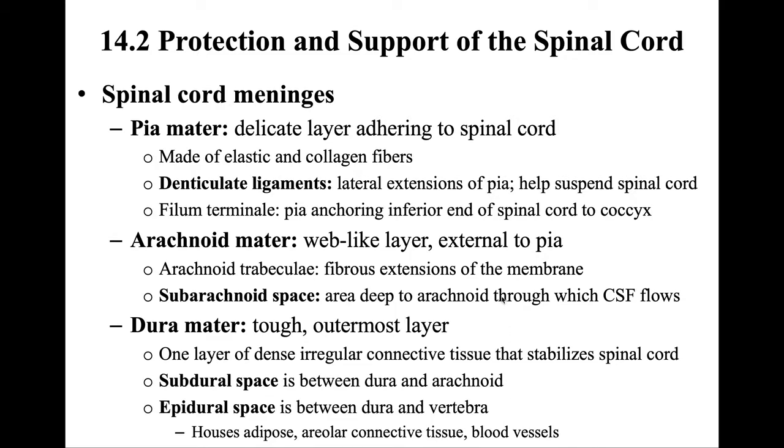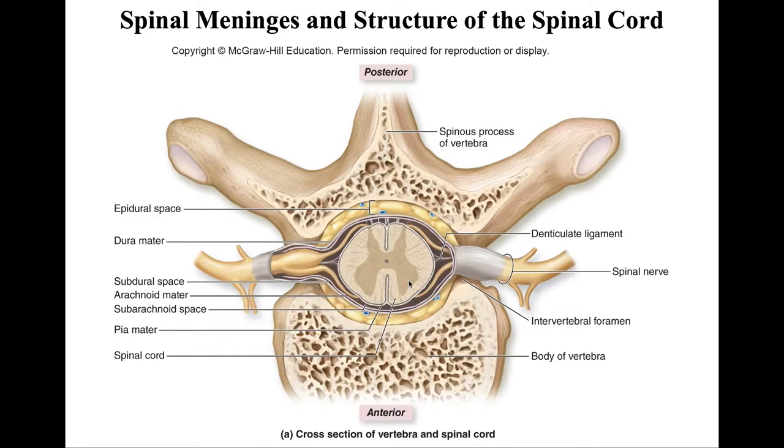All right, next slide. This is now page 540 that I alluded to earlier. Now what we're going to do with this picture is we're going to go from the outside in. So I'm looking at the very back, and it says posterior. Well, you've already learned in the lab that this particular piece of your vertebrae is called the spinous process.